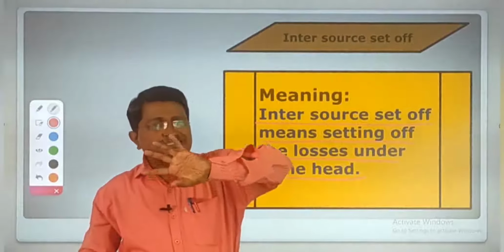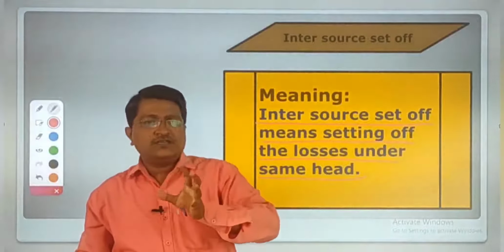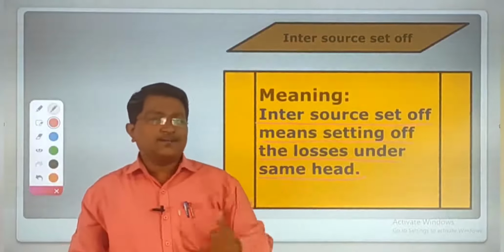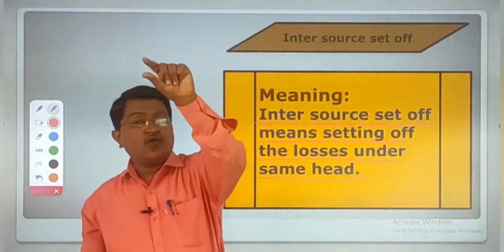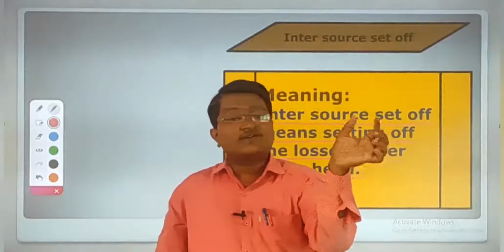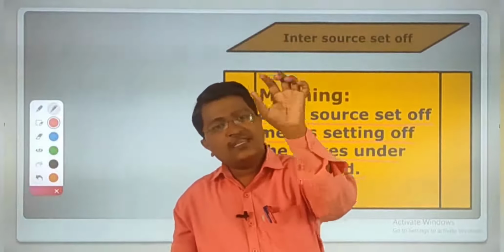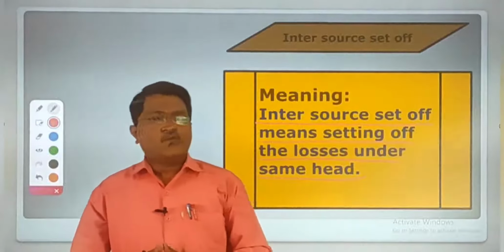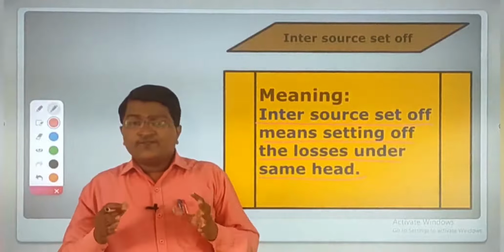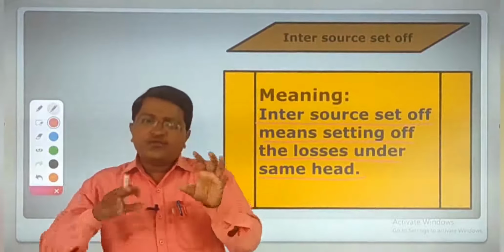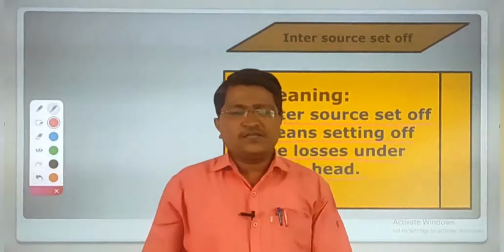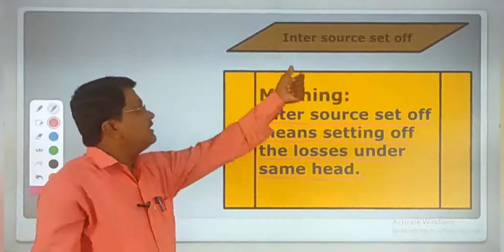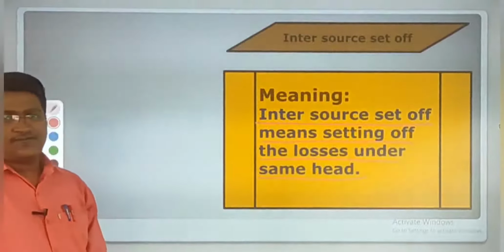So if we set off the losses in the same head, as we saw in the example, income from house X is set off against the loss of house Y. So if under the same head we can make the adjustment or set off the loss, then it is called inter-source set off, right?